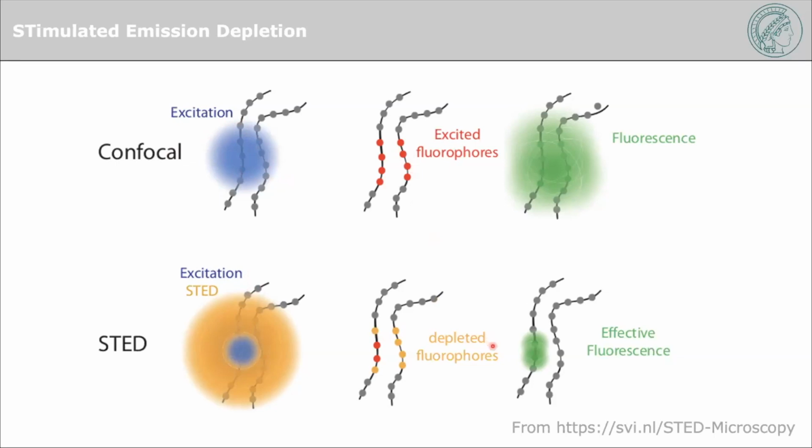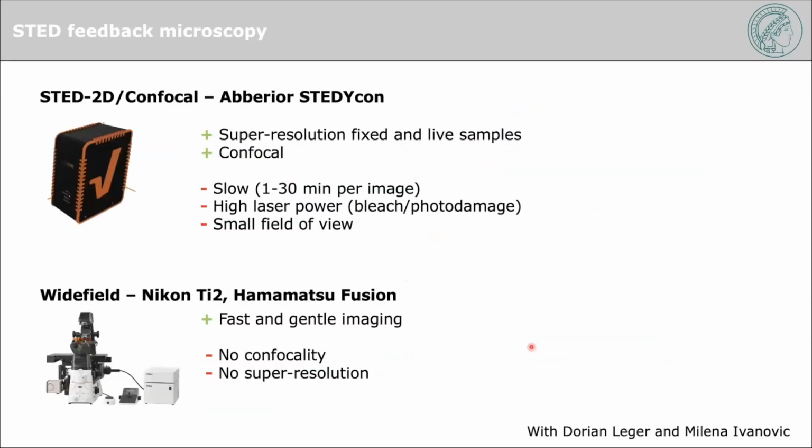So that at the end you get an effectively smaller point spread function and a super resolved image. So why is it good to do feedback microscopy on STED?